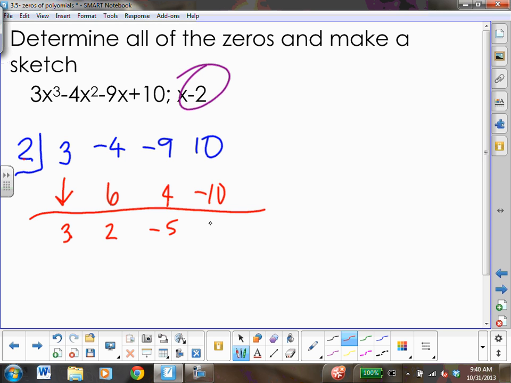And negative 10 plus 10 is 0. So that means that I now have this portion factored.